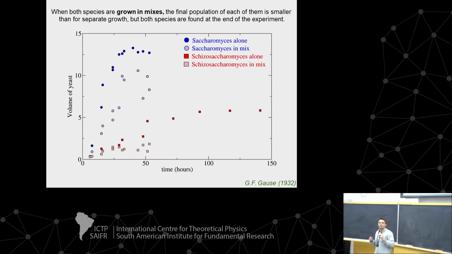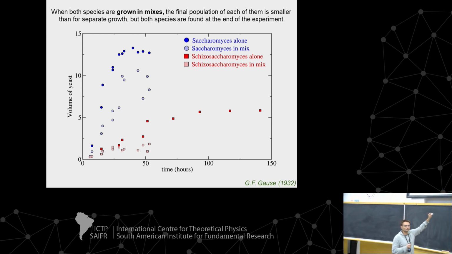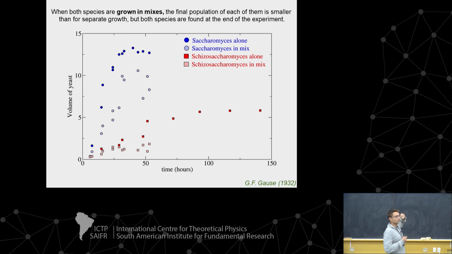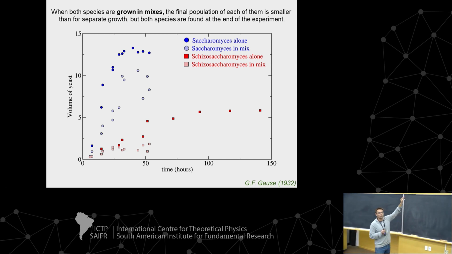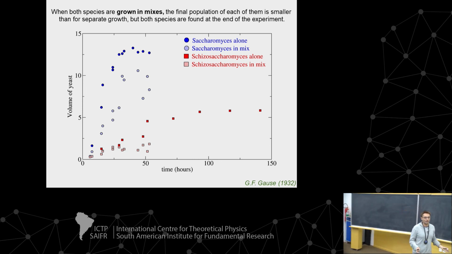So he did not only find that both of them are present in the final population, you can also see, what do you see? They grow more slowly and to a lower population size, right? So both of them are growing less than what they would grow if they were alone.